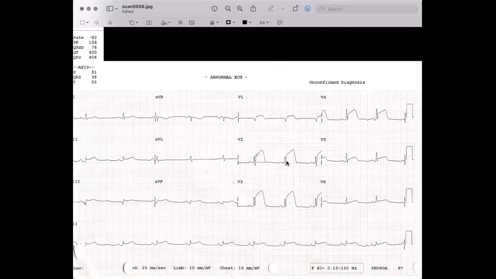So excellent, we picked up the pathology. There is an acute myocardial injury with ST elevation, probably myocardial infarction. There's a differential for ST elevation, which I will talk about in a different session. This is an extensive anterior and inferior myocardial infarction.